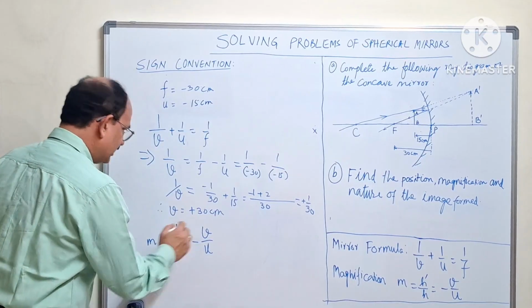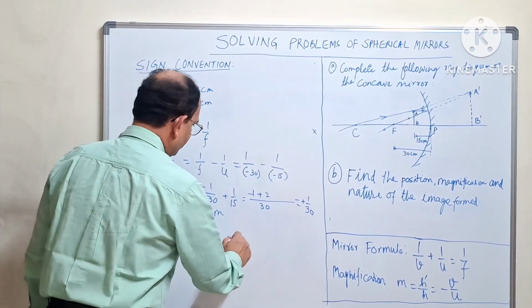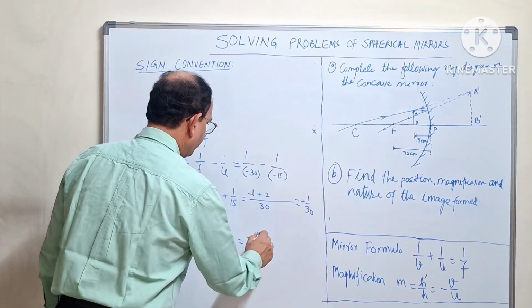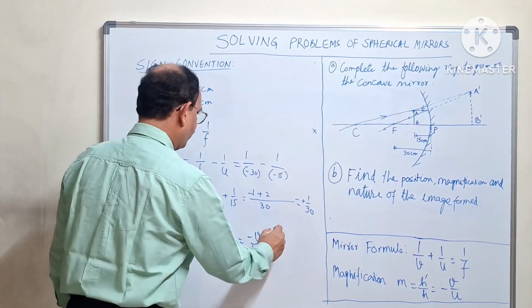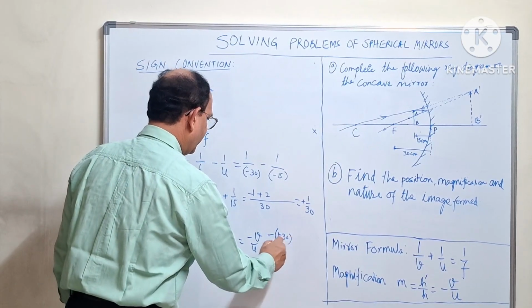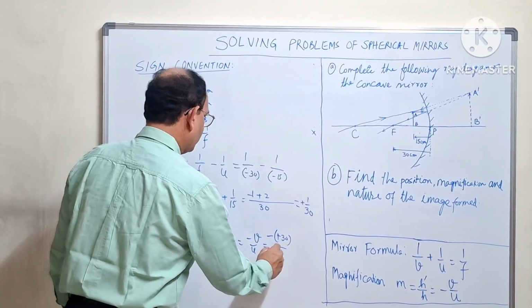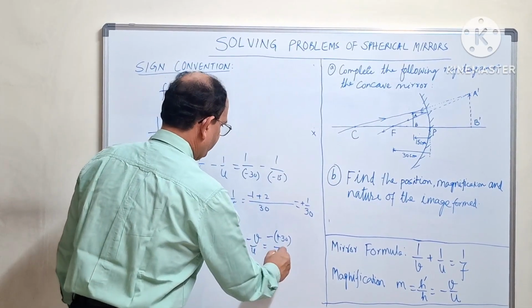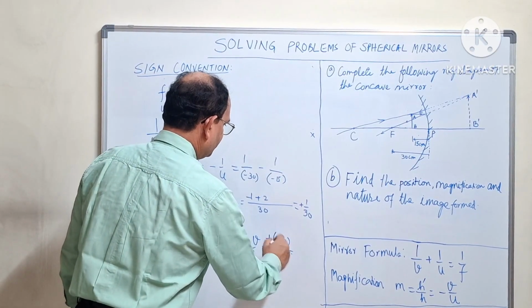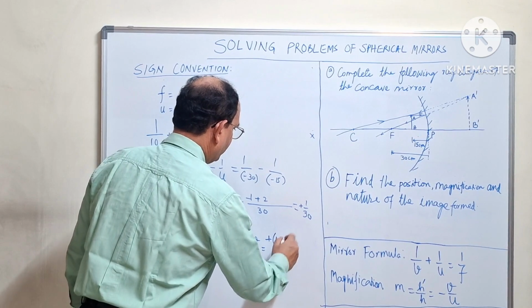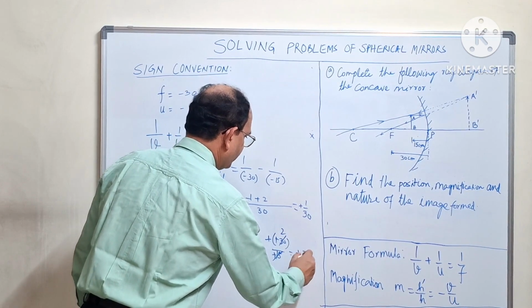So we can use magnification is equal to minus v upon u, which will be equal to minus of plus 30 divided by minus of 15. So this becomes plus plus, and 15 2s are 30, so this can be written as plus 2.